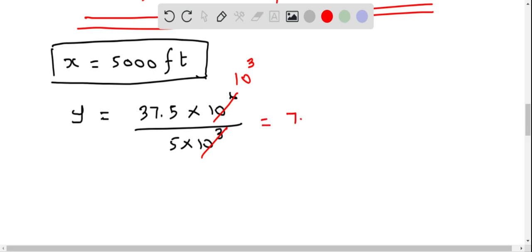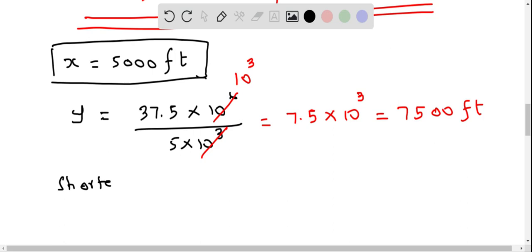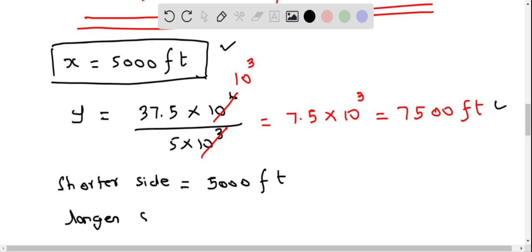So therefore this is equal to 7.5 times 10 power 3, which is equal to 7.5 multiplied with 1000, and this will give 7500. So therefore we can finalize, comparing x and y, that x is the shortest, so we put 5000 feet as the shorter side, and the longer side is 7500 feet.